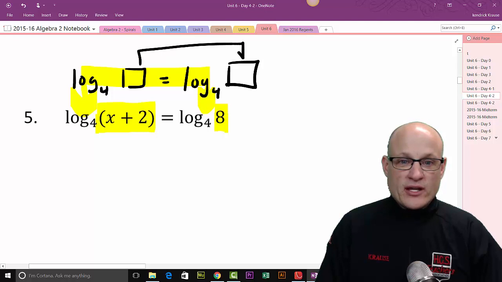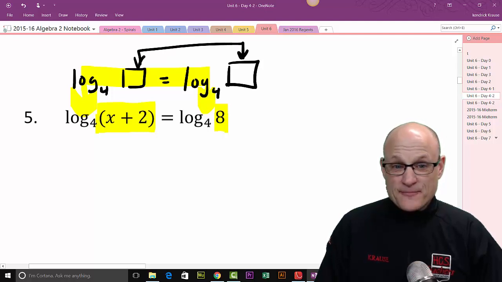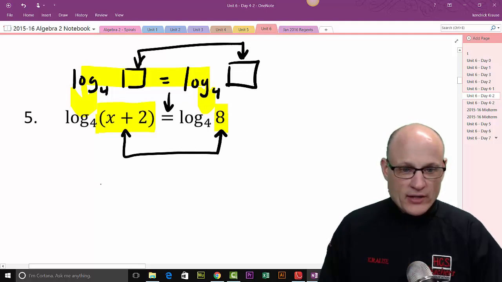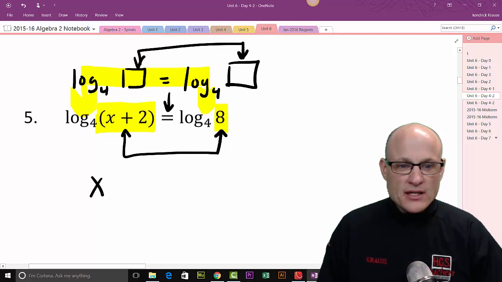So long as these two things are the exact same thing, these have to be equal. So x plus 2 equals 8, or x equals 6.